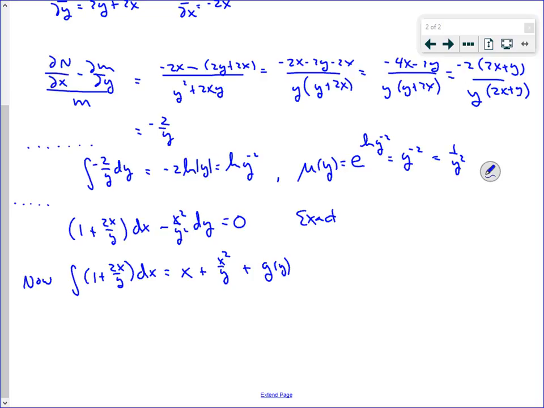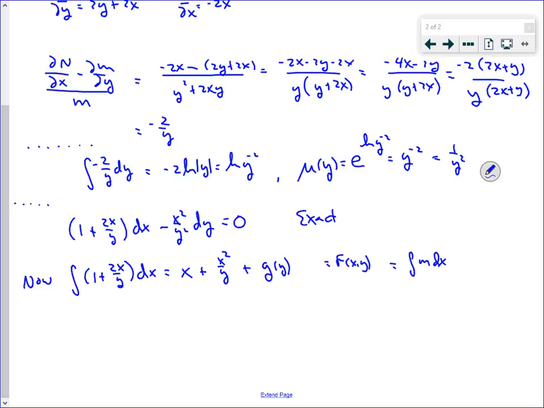Now this is our integral of m dx. I hesitate to write that down because that's not the same m as what we started with. But that's what in the process we're doing now. And so this is going to be my function of xy once we figure out what g of y is.